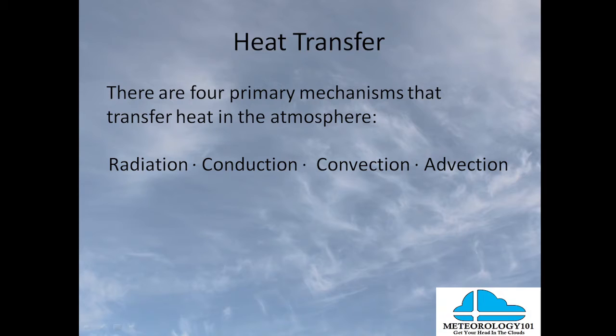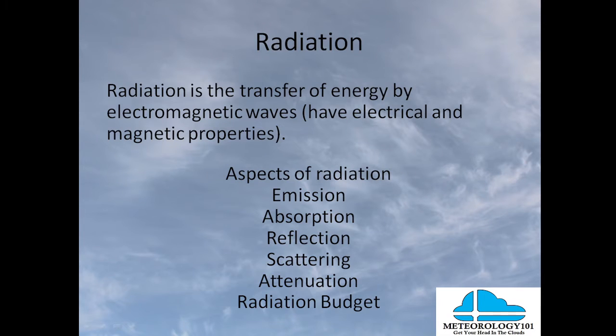So heat transfer, there are 4 primary mechanisms that transfer heat in the atmosphere: radiation, conduction, convection, and advection. Radiation is a transfer of energy by electromagnetic waves, which have electrical and magnetic properties. We'll cover that, like I said, in another video. We'll cover the aspects of radiation: emission, absorption, reflection, scattering, attenuation, and the radiation budget.